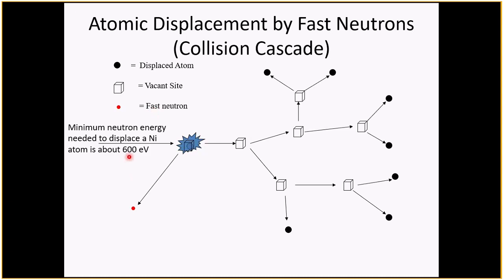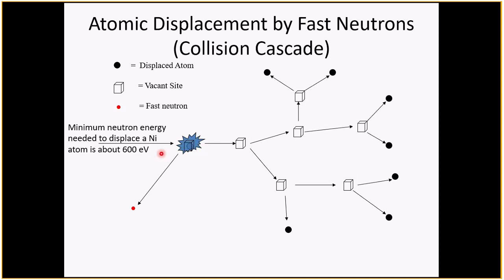And a tiny amount of damage would be created by this event from neutrons down to energies around about 600 eV. In the case of nickel, 600 eV is the minimum energy needed, if all the stars were aligned and it was a nice head-on collision, for a neutron to displace one atom of nickel. Of course, you wouldn't get this cascade, you just get one displacement.